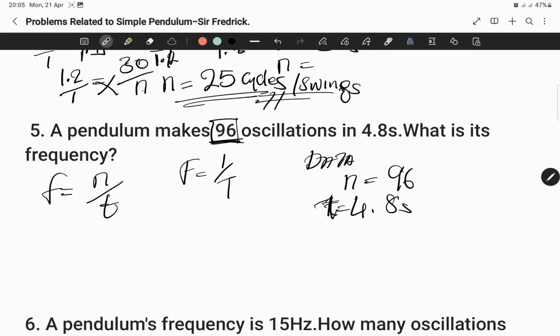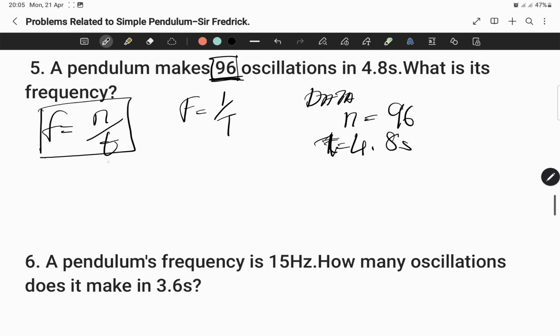That's why we've opted to use this formula right here. So frequency is equal to 96 over time, that is 4.8. So if we compute that, it is going to give us 20 hertz.